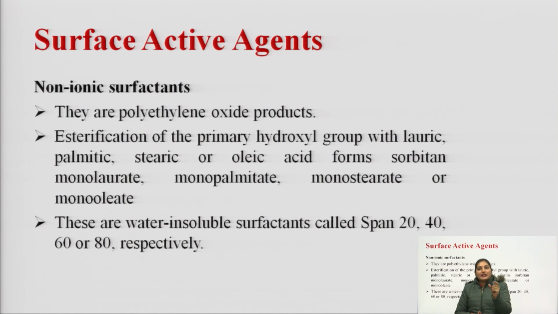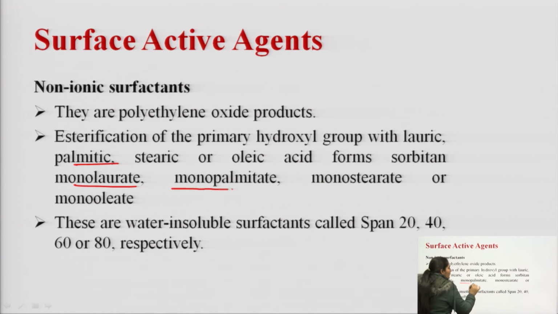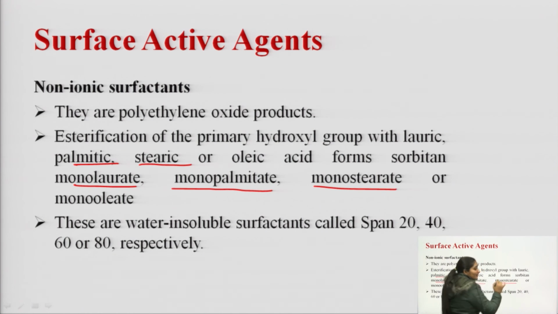If the primary hydroxyl group is esterified with lauric acid, then it will form the monolaurate. Okay. If the primary hydroxyl group is esterified with palmitic acid, then it will form monopalmitate. If esterified with stearic acid, it will form monostearate.